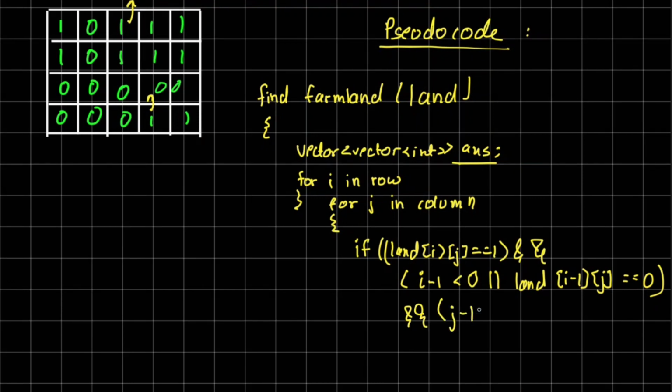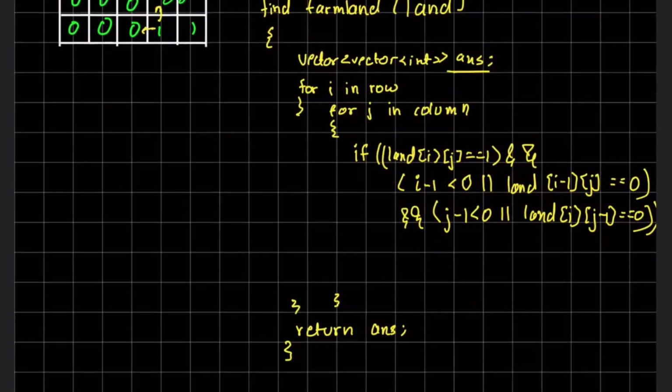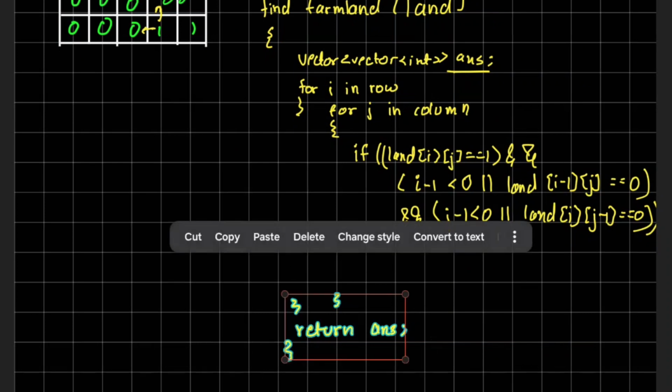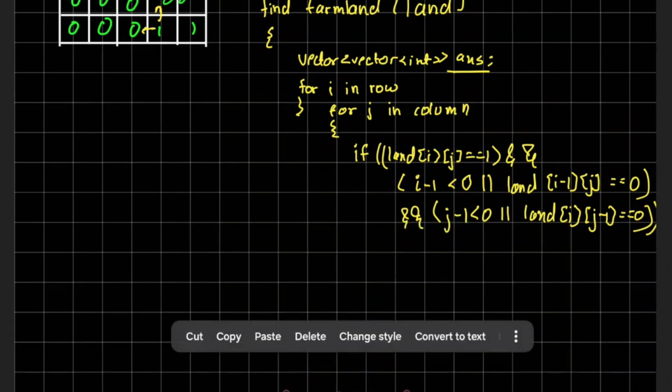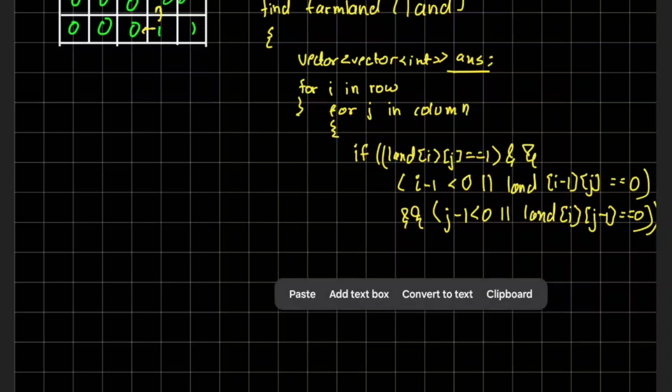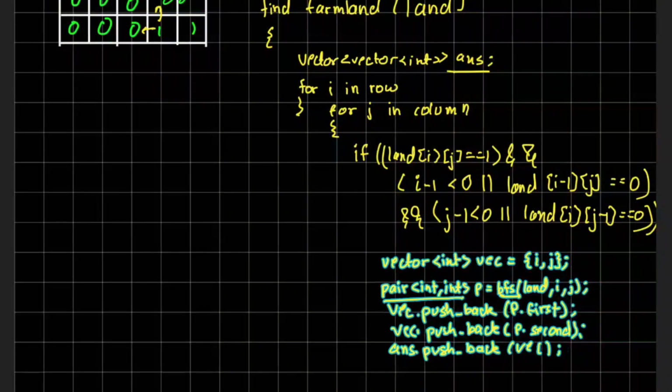So if j minus 1 is less than 0, or land of i, j minus 1 is equal to 0, that is, either the left is out of bound or the left cell is 0. So now this will be our condition, and inside this we will move the logic of our previous question as it is.